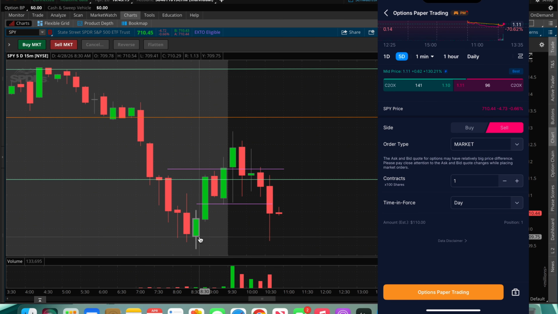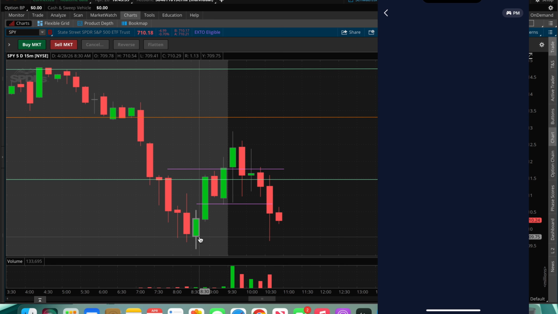So if you bought 5 contracts and you want to close out just one, you will just close out one. But we only bought 1 contract, so that's fine. And then you would click paper trading again to get out of it, and it says filled. That means you're out of the trade.